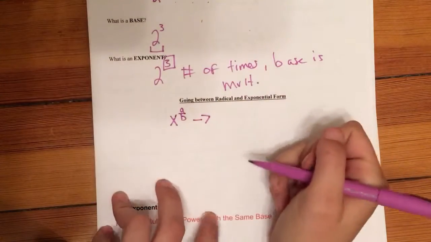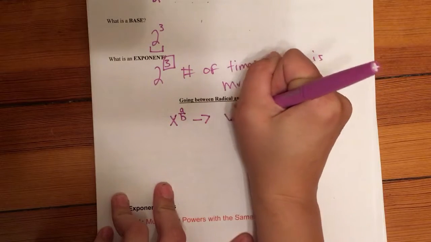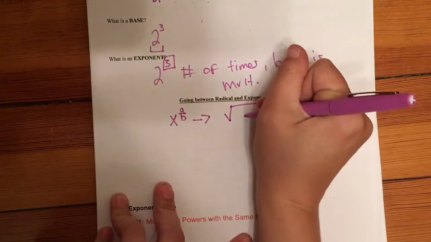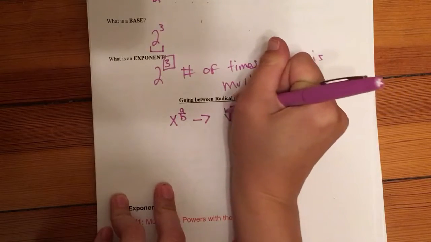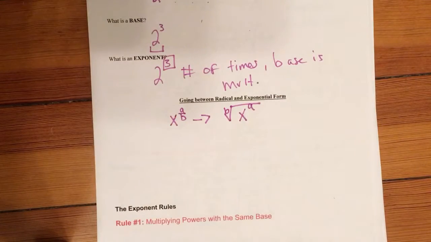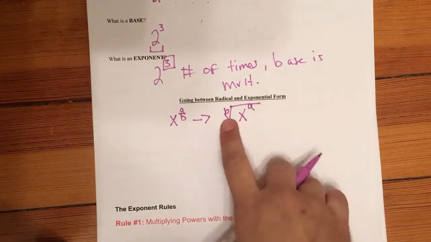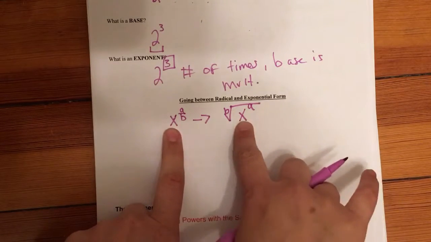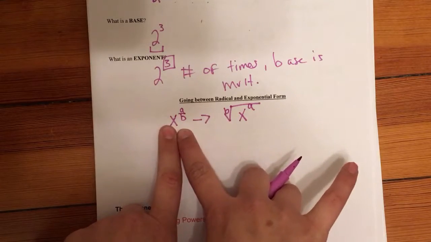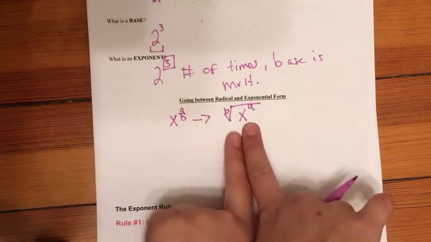We can change that so that it is the bth root of x to the a, where b goes in this little section right here. So basically what we're doing here is going between exponential form, with exponents, to radical form.